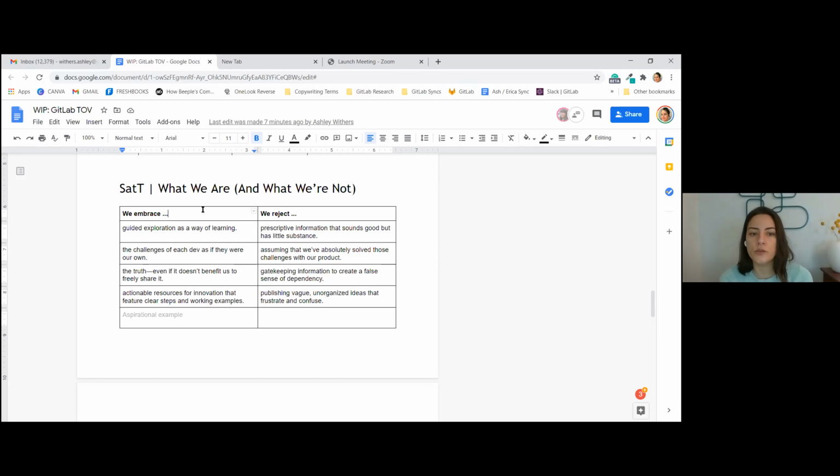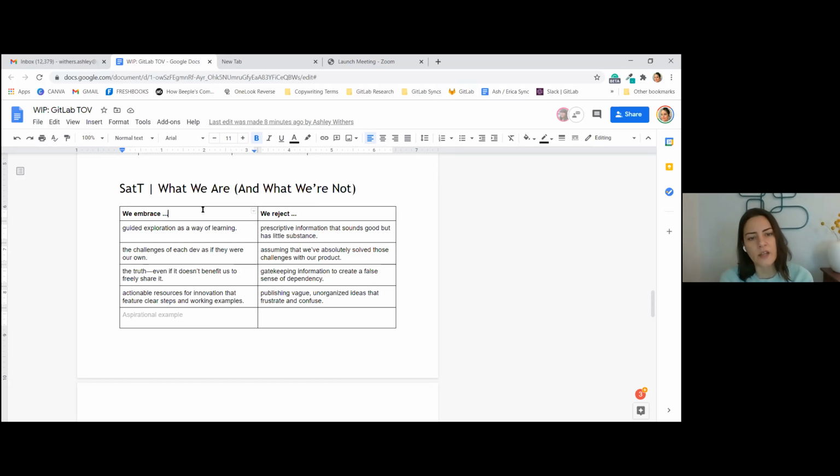We embrace the truth, even if it doesn't benefit us to freely share it. I think you might like this one. We reject gatekeeping information to create a false sense of dependency. I think that's so important, like withholding information throughout the journey. This is the spirit of transparency, being as upfront as possible throughout the journey, never holding back and saying, you're gonna really love this once it comes out, and not really providing much information on what this is, or just keeping them updated along the way.